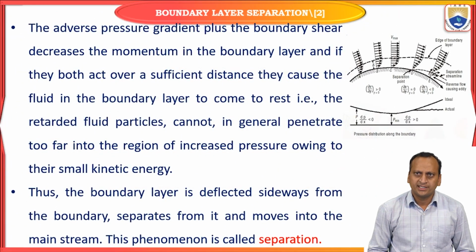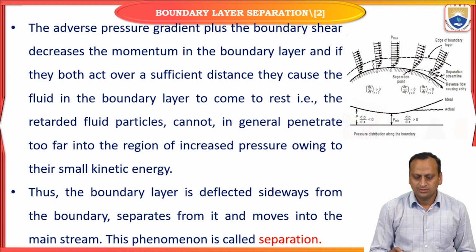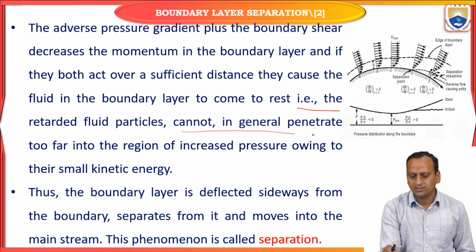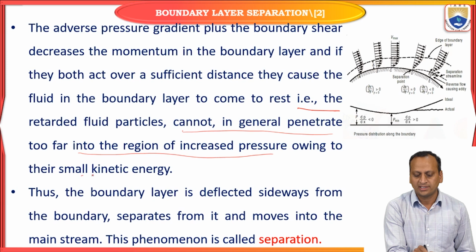The adverse pressure gradient plus the boundary layer decreases the momentum in the boundary layer, and if they both act over a sufficient distance, they cause the fluid in the boundary layer to come to rest. So the retarded fluid particles can't, in general, penetrate too far into the region of increased pressure owing to their small kinetic energy.